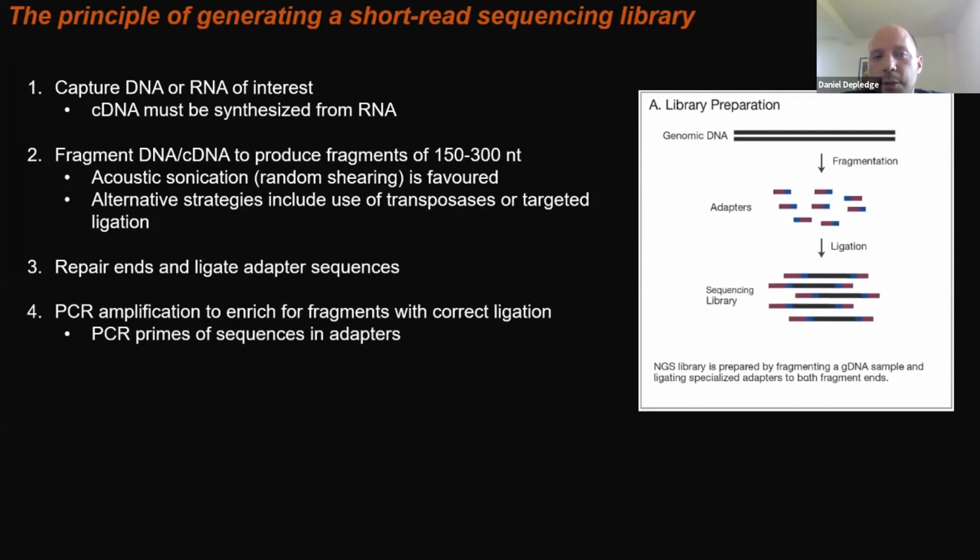Once you've done this, you will typically, not always, but typically, do PCR amplification, which will allow you to enrich for fragments that are correctly ligated. And this is done basically by having PCR primer targets embedded within the adapter sequences that you ligate. Once you've done this, you've generated what we term a sequencing library, and this is ready to go on a sequencer and be sequenced.